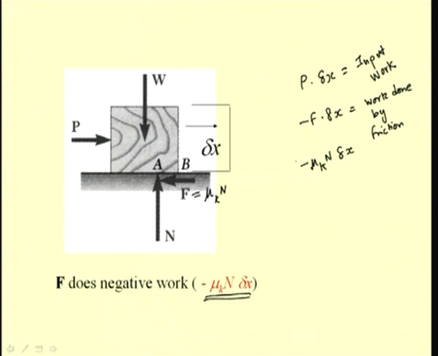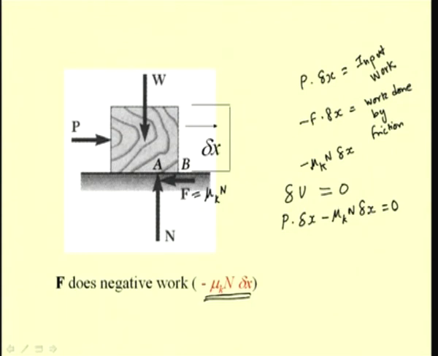So, our equation of virtual work where delta U equal to 0 states that P times delta x minus this work done by the friction, mu k times N delta x, is equal to zero.